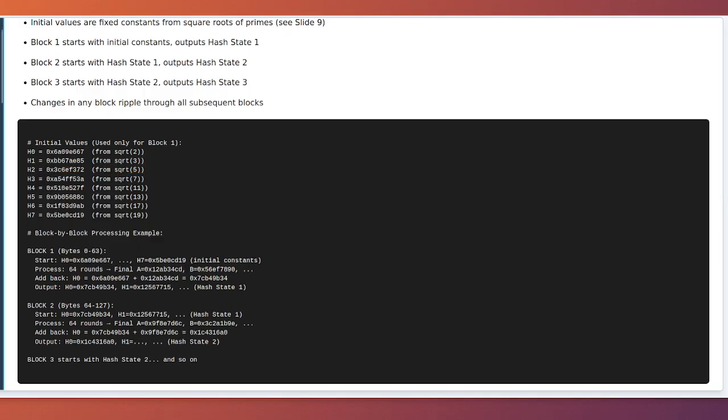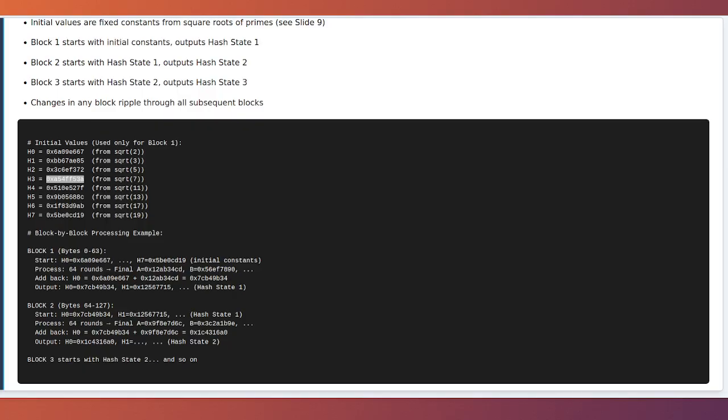H1 equals 0xbb67ae85, from the square root of 3. H2 equals 0x3c6ef372, from the square root of 5. H3 equals 0xa54ff53a, from the square root of 7. H4 equals 0x510e527f, from the square root of 11.